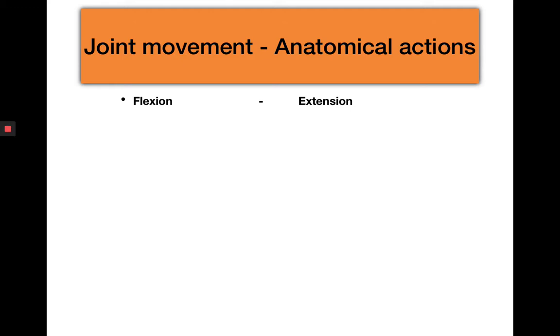If I was to do the opposite and increase that joint, then I would be straightening my arm, and that would be elbow extension. I can also do that at the knee, so I can decrease the angle at the knee and bend at the knee, and that would be knee flexion. And the opposite of that would be straightening the leg, knee extension. I can do this also with my shoulder.